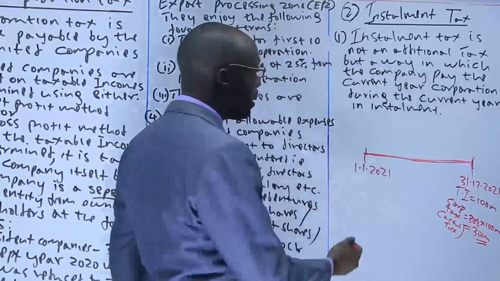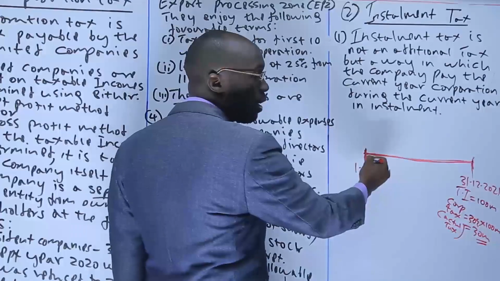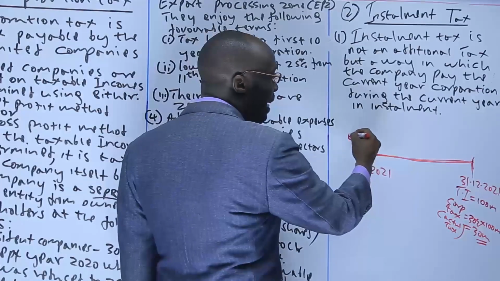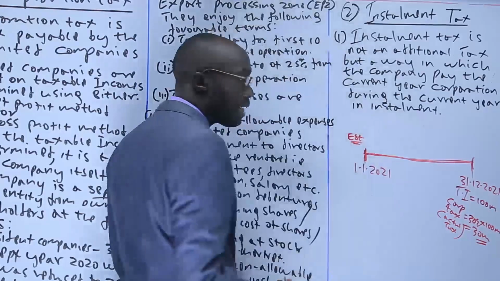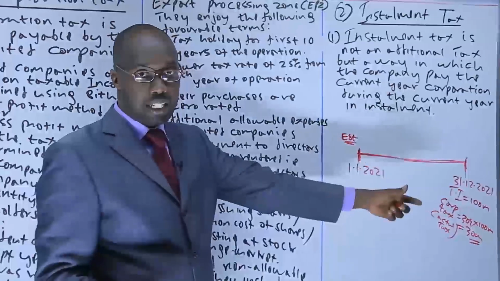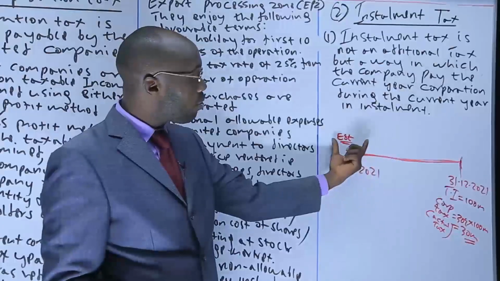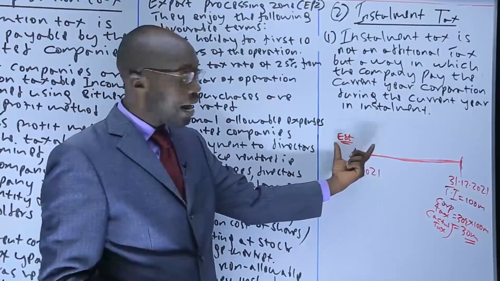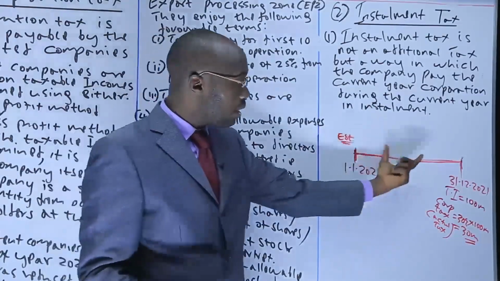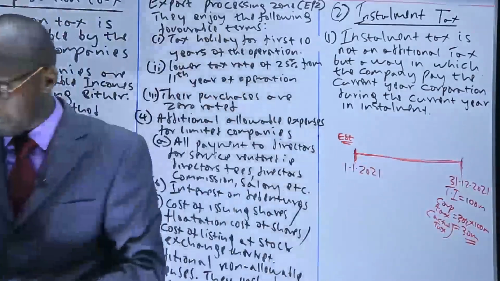So this is supposed to be done at the start of the year, where the company does an estimation of the tax that they are supposed to pay in that particular year. Then they pay it in installments. So I want us to see how that estimation is usually done, and then once it is done, how it is paid.